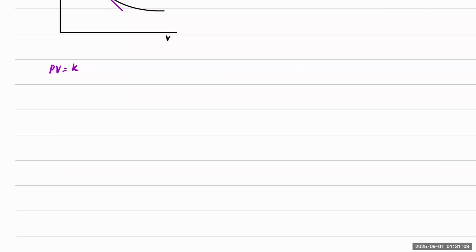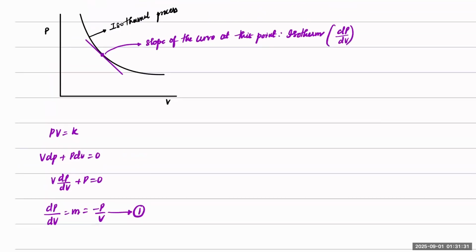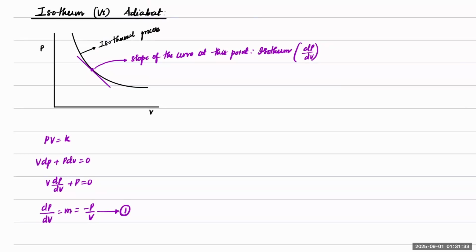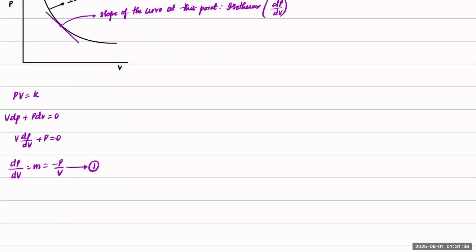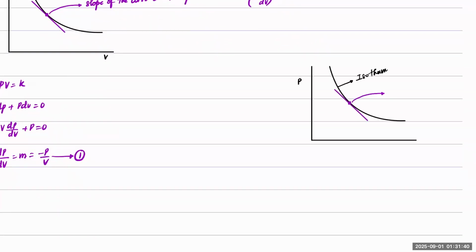I'll get V dP plus P dV equal to 0. So that is V dP by dV plus P equal to 0, or dP by dV, which is the slope, is equal to minus P by V. Let me put this as equation 1. Clear? And let me take out a similar graph again, which I'll put on this side.